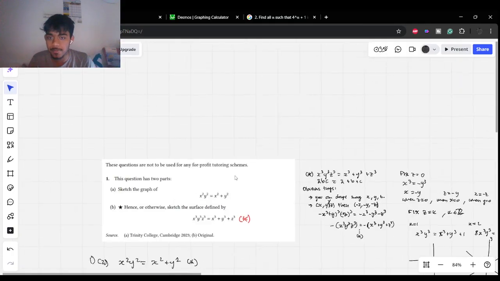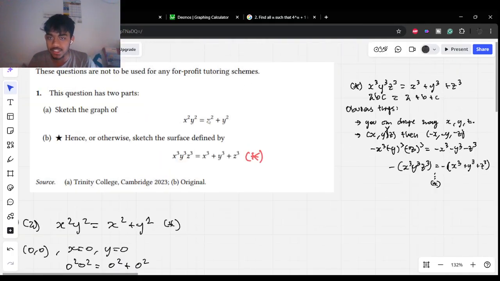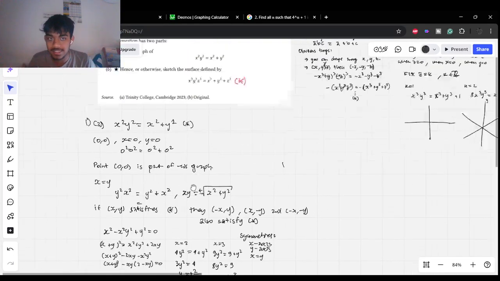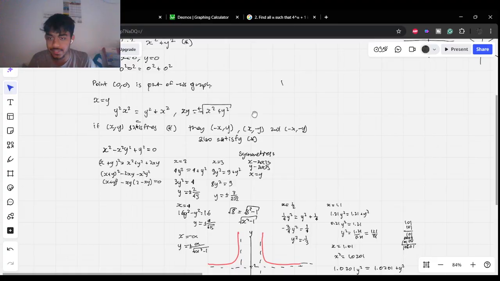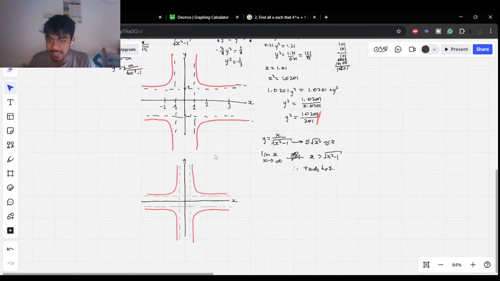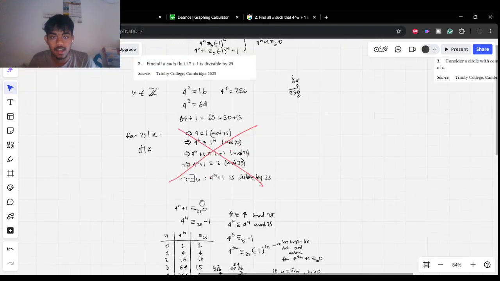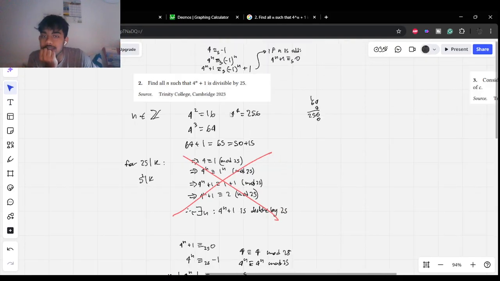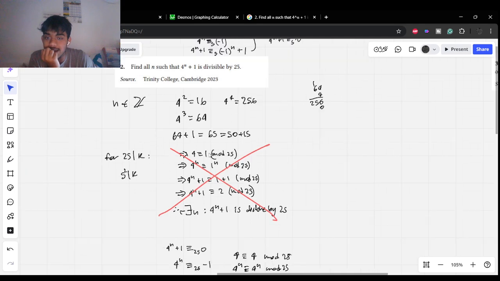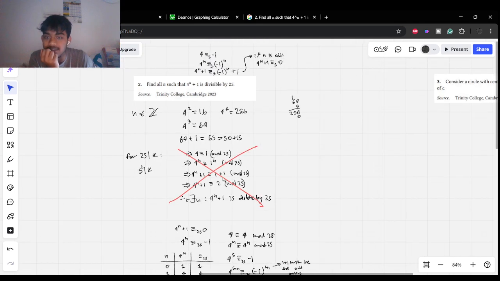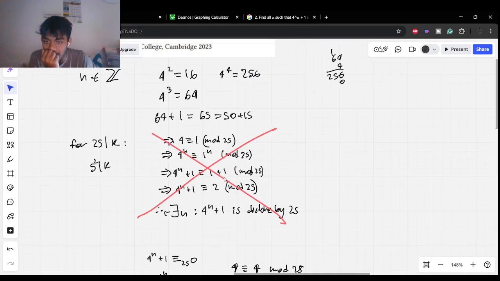Just a few quick ending reflections. When it comes to this question, I really enjoyed the first part. Stating the obvious is something that I've learned when it comes to other kinds of graphs, that it's very important, and I did end up getting the graph right. When it comes to this question, I need to be careful of not making silly mistakes like this, and it is just embarrassing the fact that I glanced at it and even called it certain, and yet this is clearly not certain and this is clearly wrong.